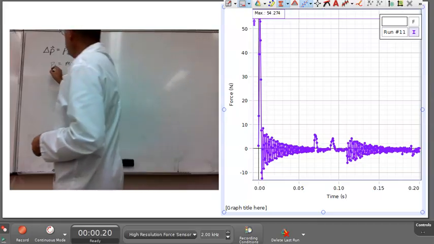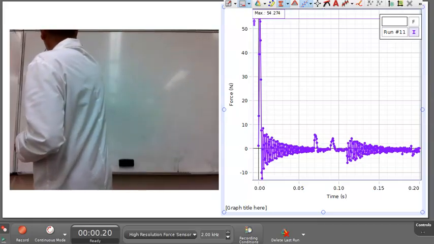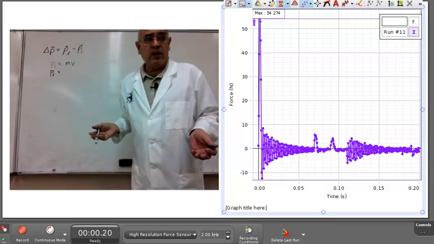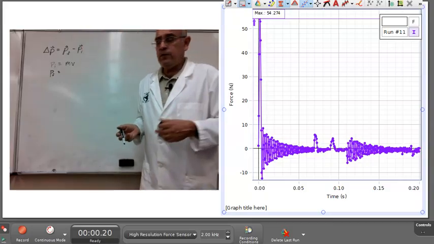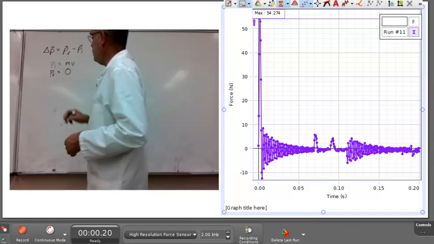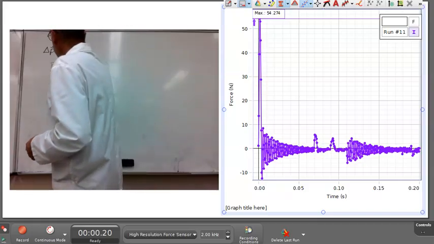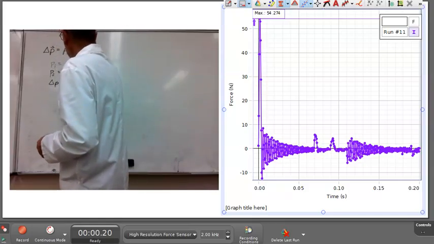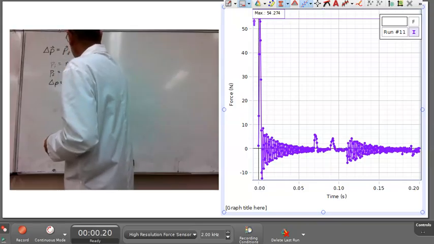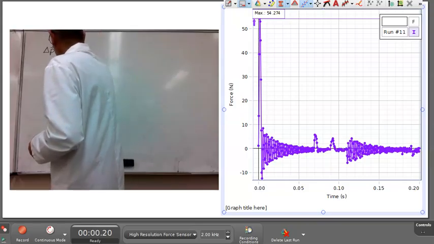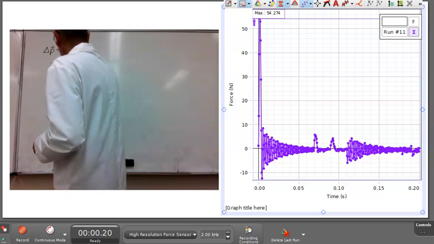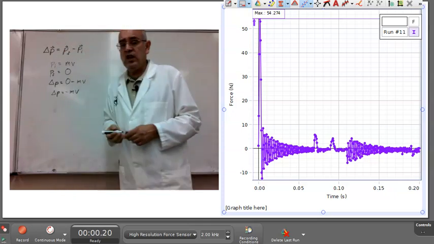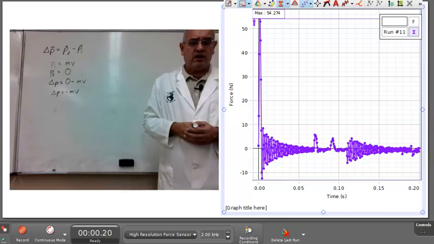The final momentum, PF, well, the final velocity is going to be 0, so the final momentum should be 0 as well. Therefore, delta P must equal 0 minus m times v, or delta P is equal to minus mv. That's the change in the momentum that has to be undergone.